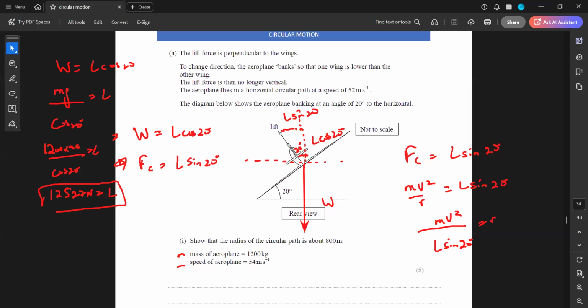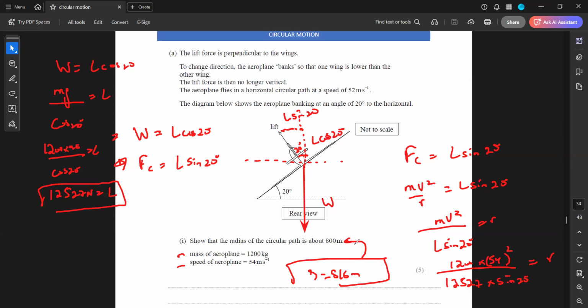Substituting the values, the mass is 1200 multiplied by speed 54 squared, divided by L, which we calculated, 12,527 multiplied by sine 20. When we simplify, it comes out around 816 meters, which is approximately equal to 800 meters.